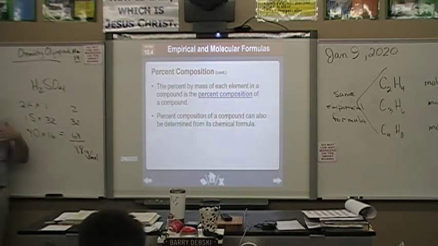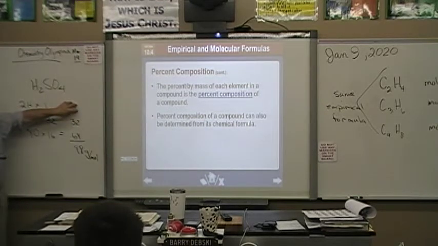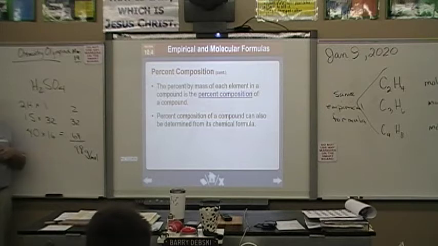Now, in order to calculate percent composition, all we need to do is take each of these pieces and divide by the total. Remember, the percent of something is simply a part divided by the whole. What's the percent of the boys in this classroom? 1, 2, 3, 4, 5, 6, 7, 8, 9, 10, 11 divided by 27. The part divided by the whole.